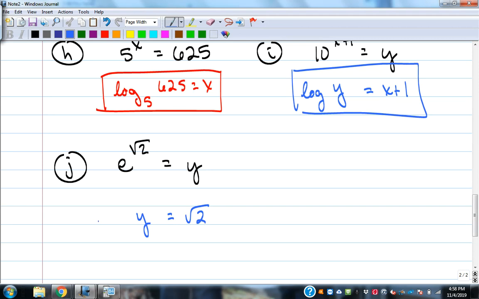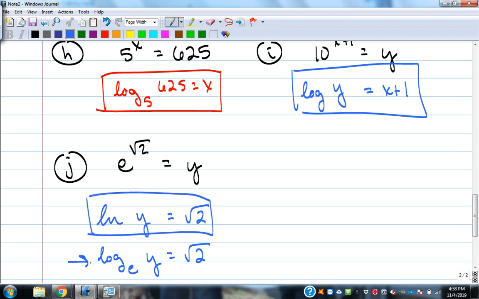It's the natural log. That's how you want to write that. It's even more rare to see log base e written out; you would almost never see it written that way. The natural log is the correct way. Technically it's correct, but you're just not going to see it written that way.